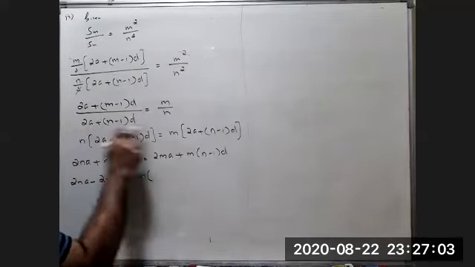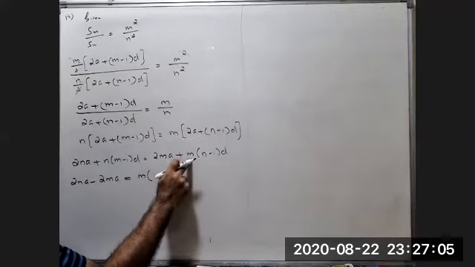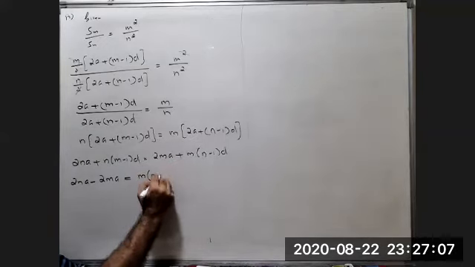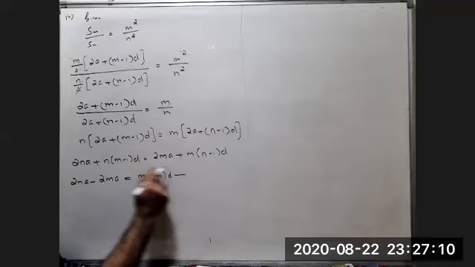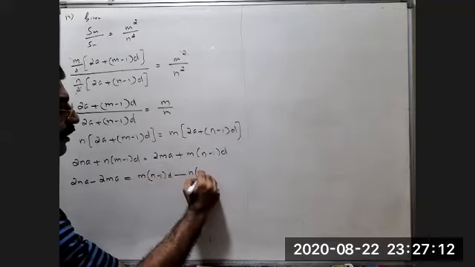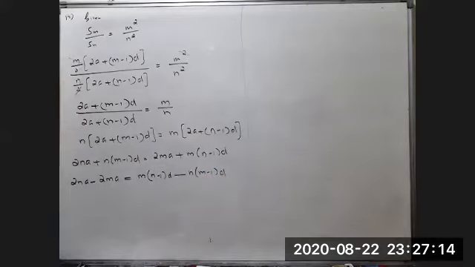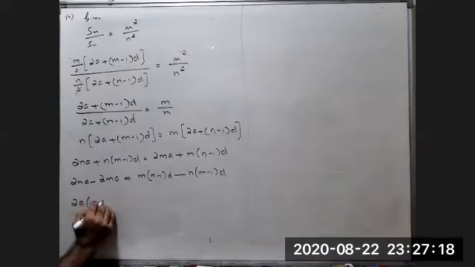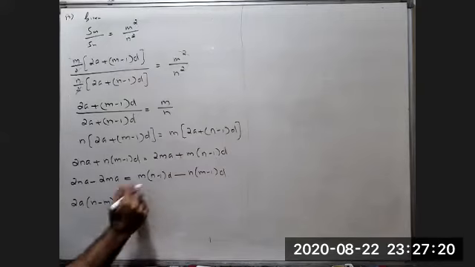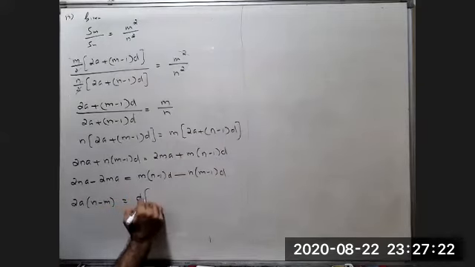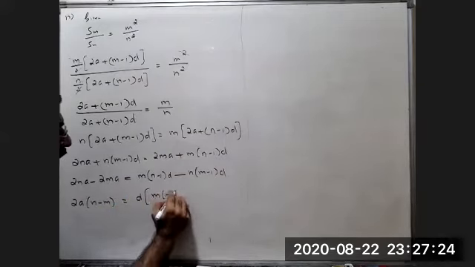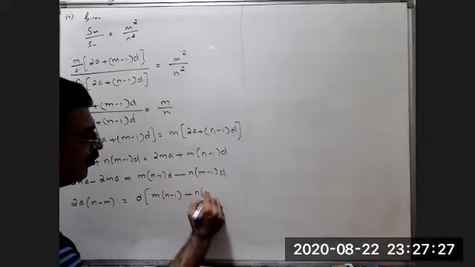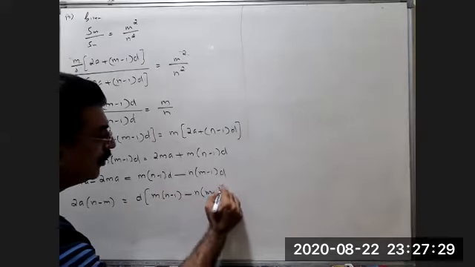On the right, m into n minus 1 into d minus n into m minus 1 into d. Taking common: 2a into n minus m equals d, taking d common, into m into n minus 1 minus n into m minus 1.